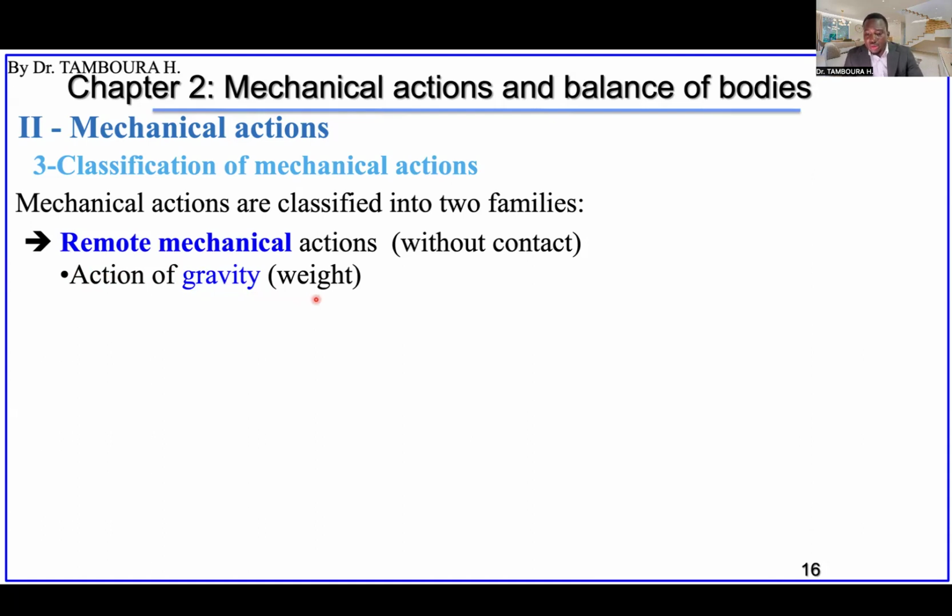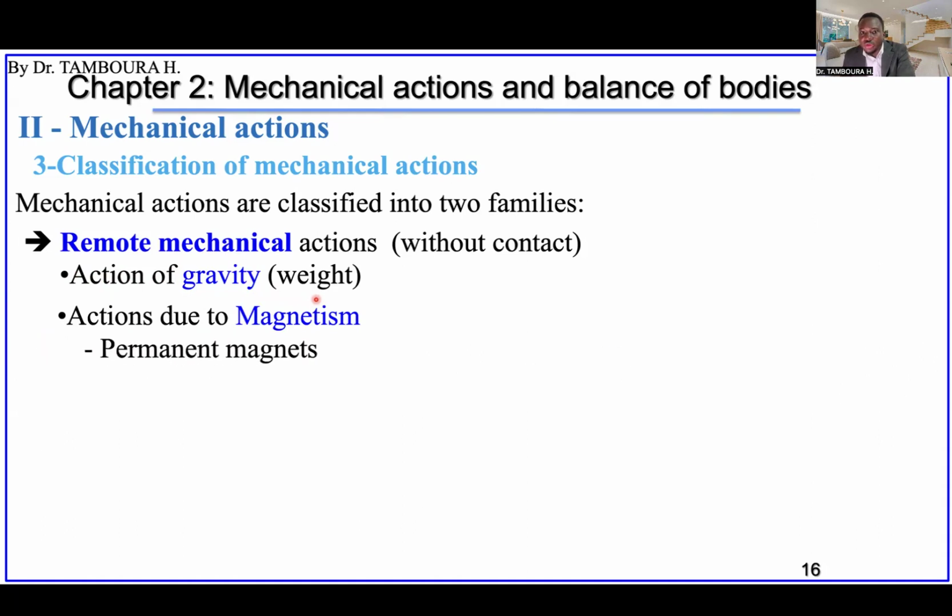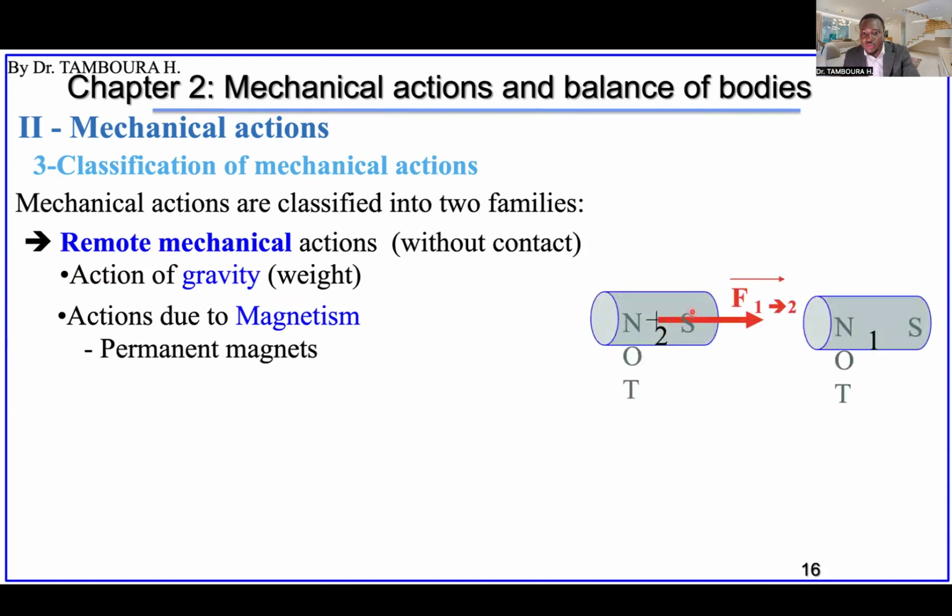Another example is magnetism, action due to magnetism. If you have two magnets, they can attract each other, or it can be repulsive actions. So if you have the south pole and north pole of these two magnets, there is attraction between these two.